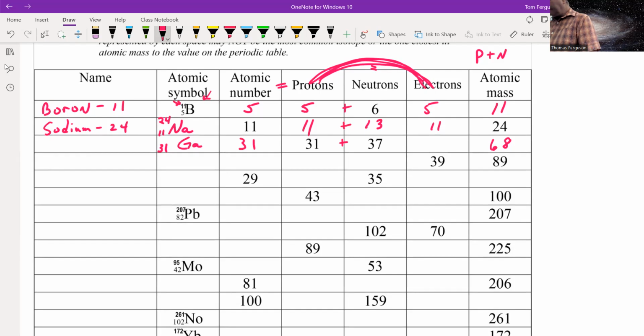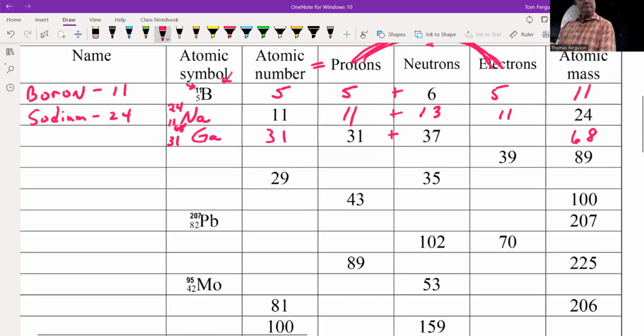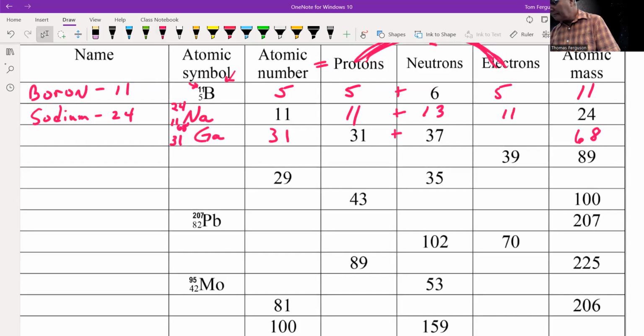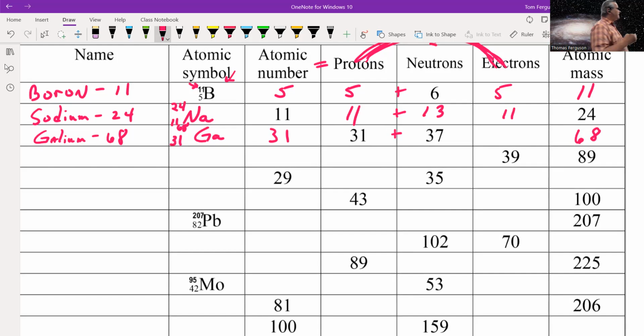The top number here is 68. So that isotope is gallium 68.